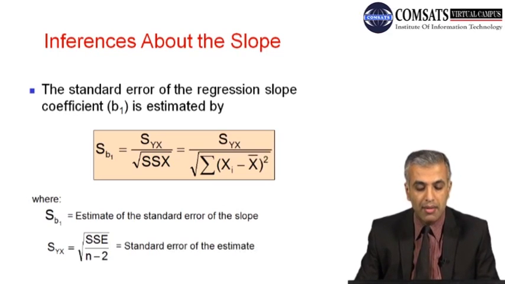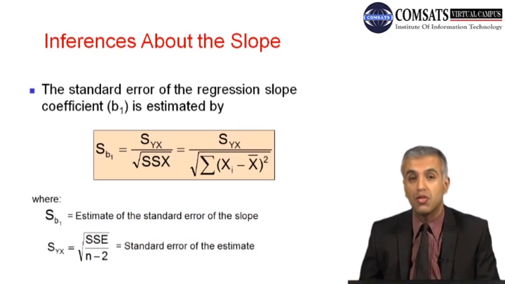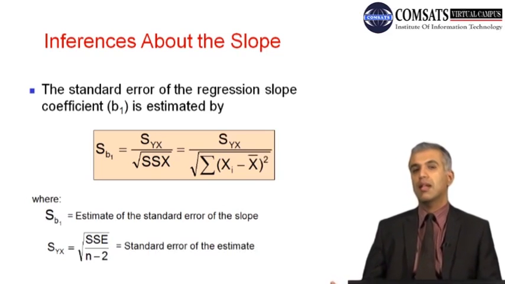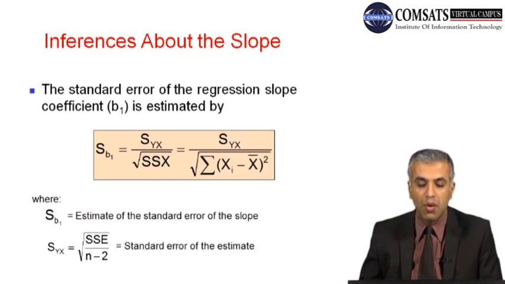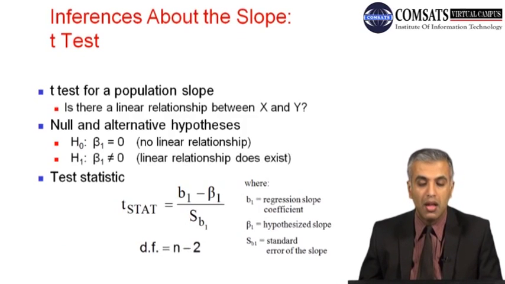So the formula gives us an idea of the standard error of the regression slope coefficient B1, which is of primary importance to us, because this slope gives us the relative idea of how much a unit change in the independent variable would cause a change in the dependent variable. That's why the standard error of such a slope coefficient is of major importance.